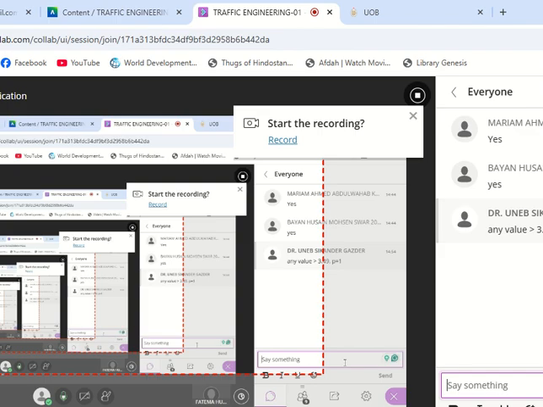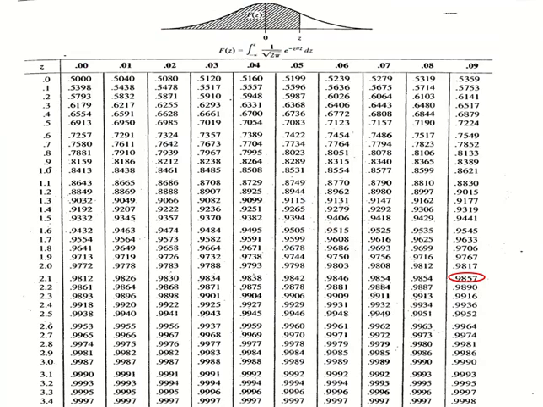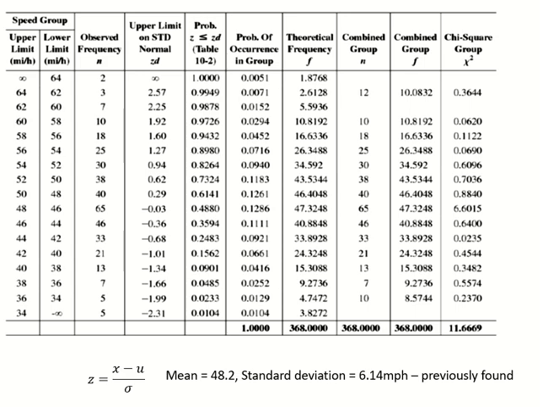Cumulative probability can maximum go up to 1. So at 3.49 it goes up to 1, and after 1 it cannot increase, so it will remain 1. So now you can see here at infinity the probability is 1.